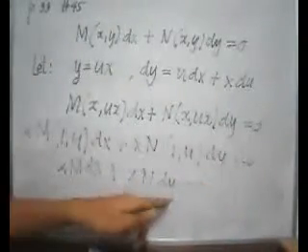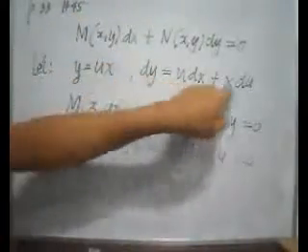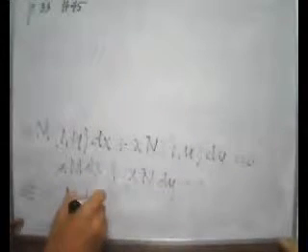This is now also equivalent to M dx plus N dy equals 0. The x's might not matter since it's present in both terms. To simplify, I will just use this kind of expression.